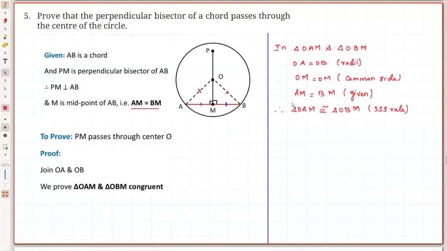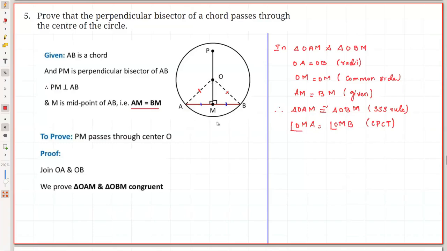These two are congruent, so corresponding angles will be equal. So I can say therefore angle OMA is equal to angle OMB, based on CPCT, corresponding parts of congruent triangles.